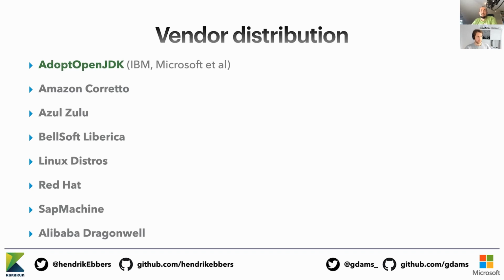All of them are based on the OpenJDK, and a lot of them have evolved within the last years. This is somehow related to changes that happened in Java or in the OpenJDK within the last years. One big thing here is the new Java release train that most of you might know already.